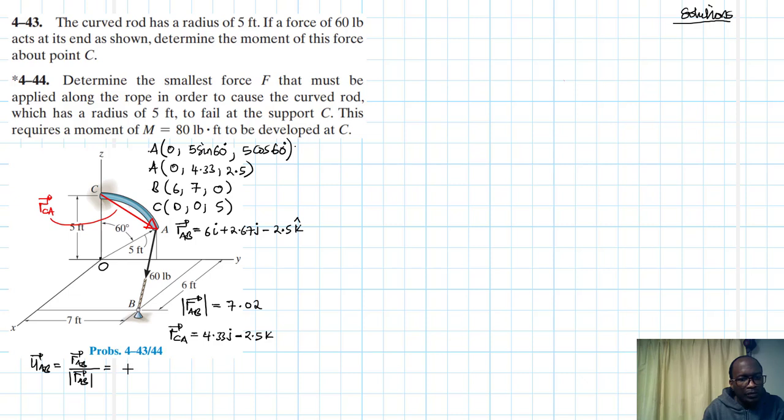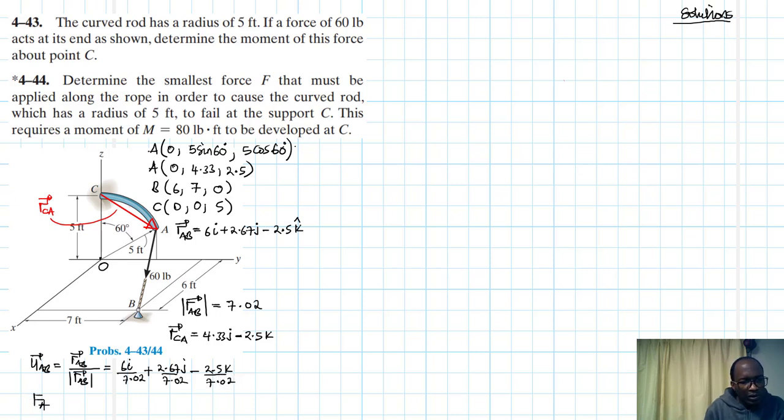Okay, and this is equal to RAB. We found RAB is 6i divided by 7.02 plus 2.67j divided by 7.02 minus 2.5k divided by 7.02.